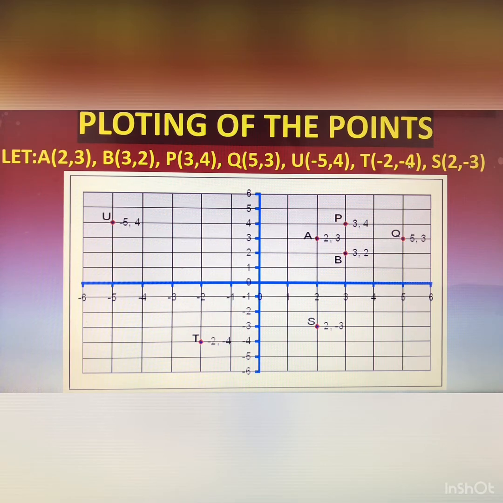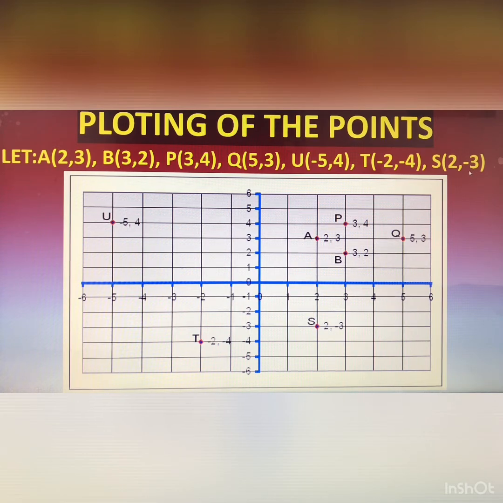Both are negative, which means this point lies in the third quadrant. The abscissa is minus 2 and the ordinate is minus 4, and you represent this point.